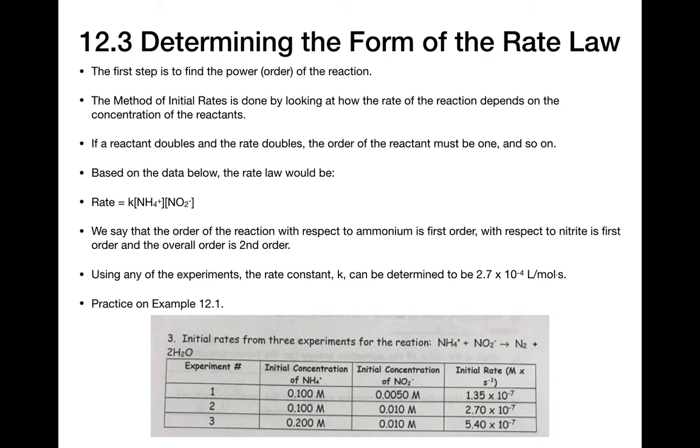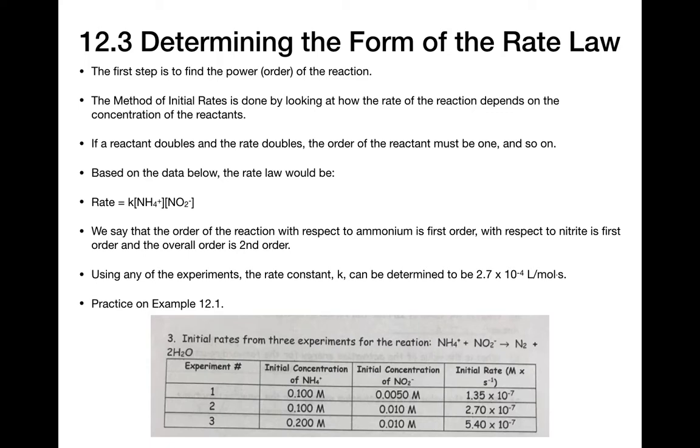Finally, 12.3: how do we determine the form of the rate law? Well, the first thing you would want to find is the order of the reaction, in other words, that n value. Is it first order? Is it second order? Is it zero order? Is it half order? One way to do that is by the method of initial rates.